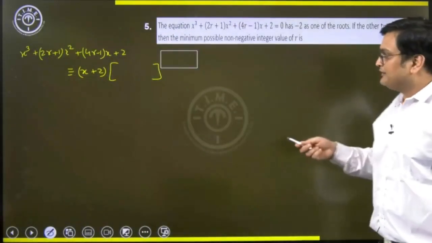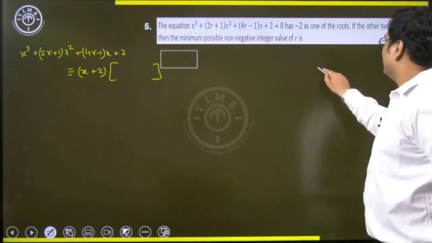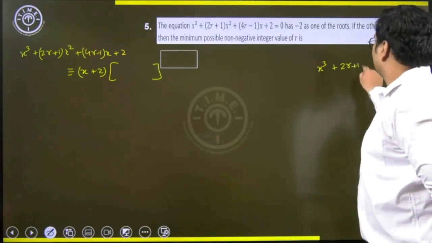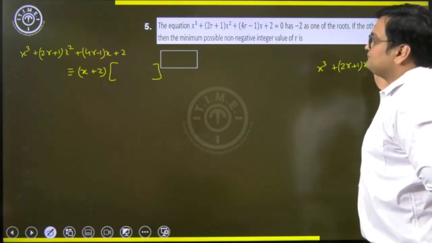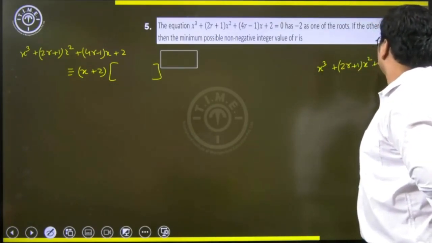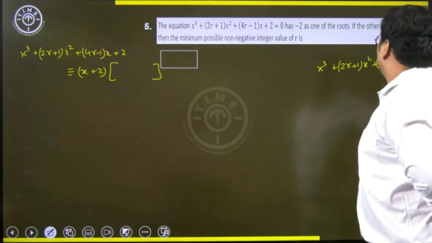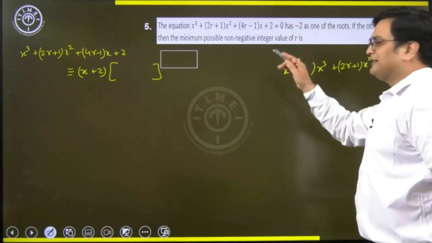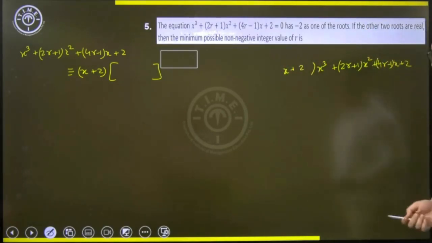Observe this. I will try to divide the given cubic by the divisor x plus 2, which is a factor. So, I should eventually get 0 remainder.